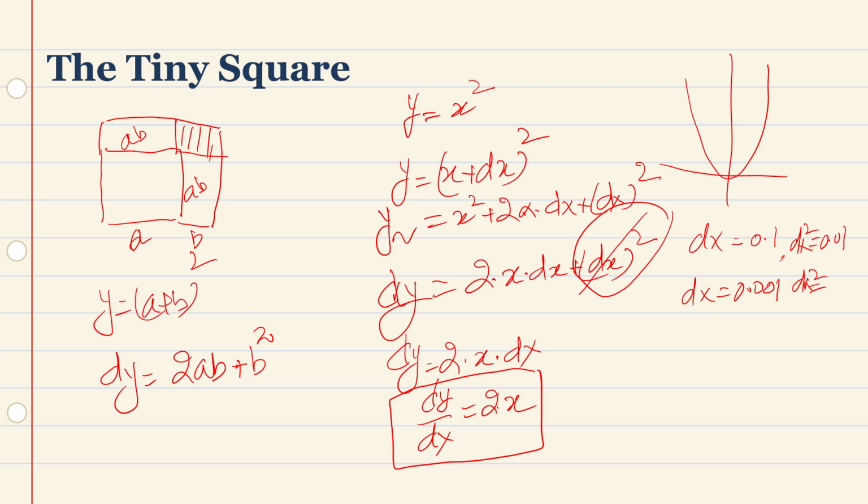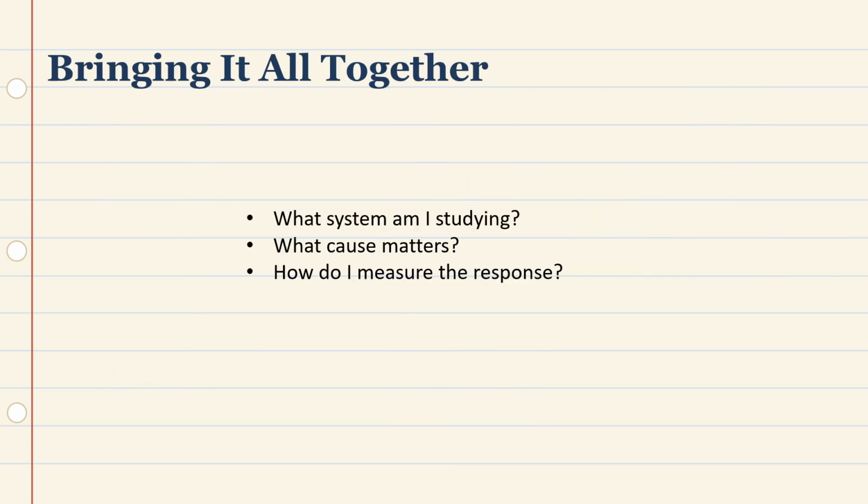And that is how we measure the change in y with respect to x. As we established, it's not always dy/dx. It depends on the notation you are choosing and what reference you have chosen. But this is how you measure change with respect to something that answers your question. Now, let's bring it all together. What we studied is that first we define a system, what we are trying to study.